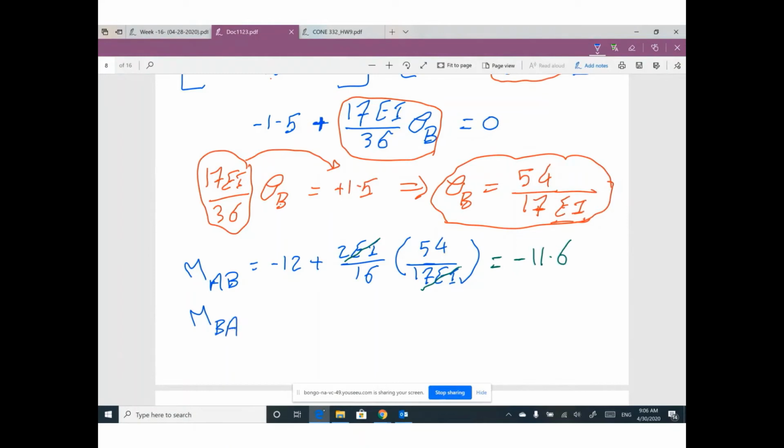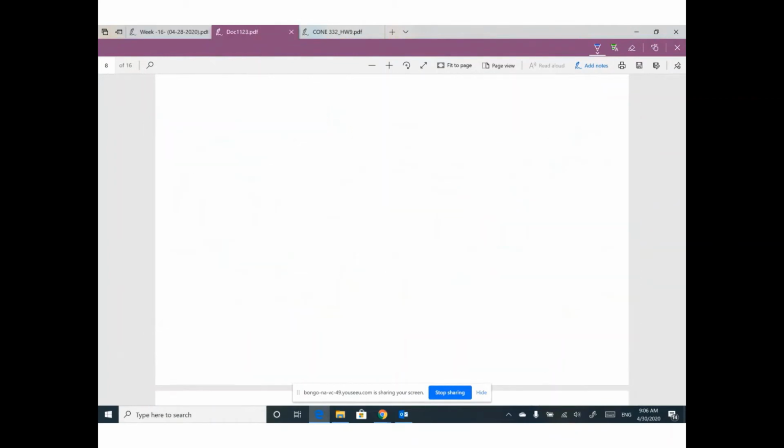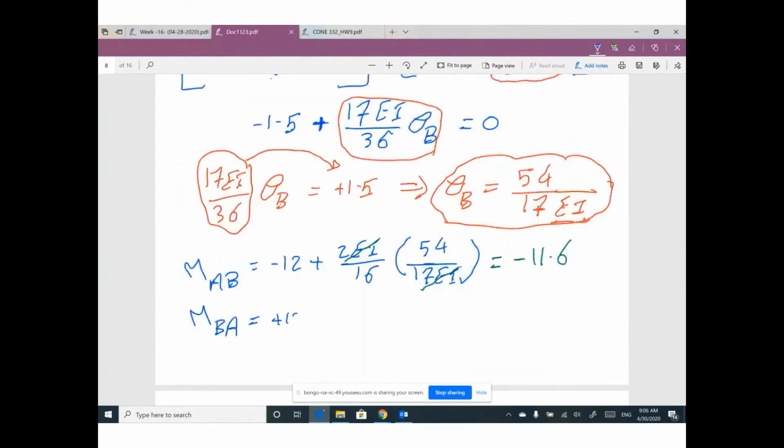MBA equals, go back to this equation, positive 12 plus 2EI divided by 16 times 2 theta B. And don't forget to put the value of theta B. So positive 12 plus 2EI divided by 16 times 2 theta B, 54 divided by 17 EI. I think EI and EI will cancel each other.